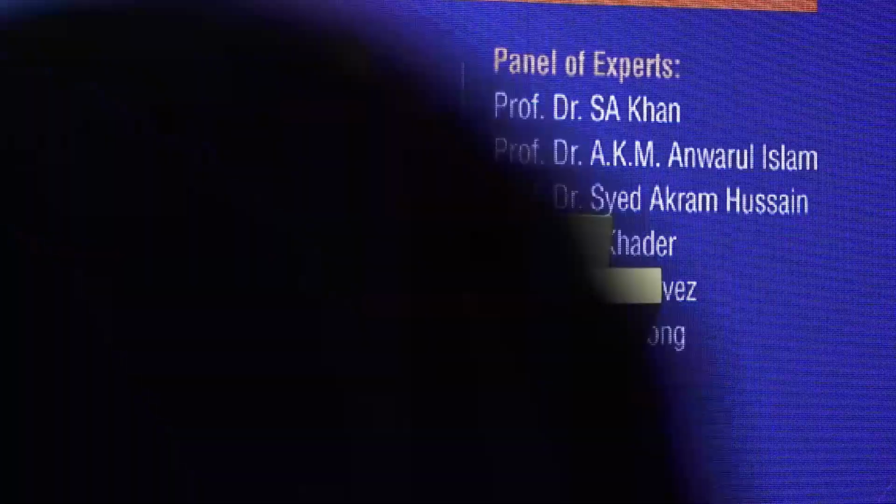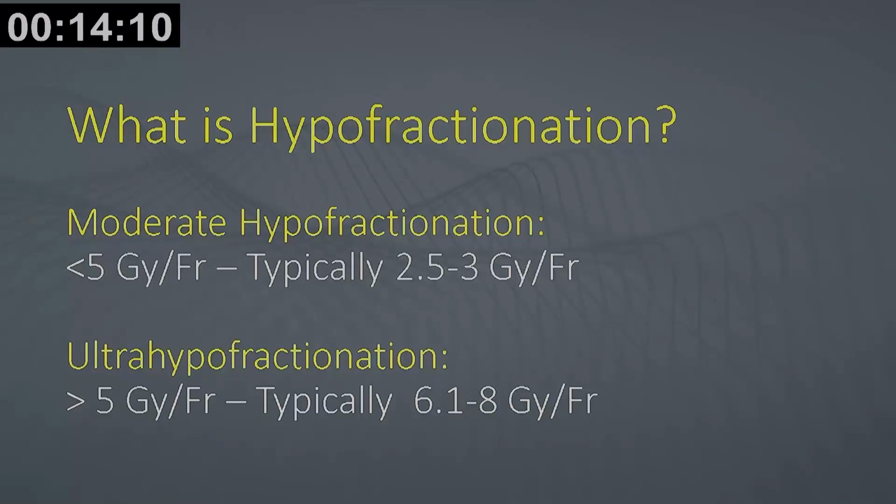Even though the total dose was lower, because it was a larger dose per fraction, it was equivalent in biological effect using the alpha beta ratio. I mentioned moderate hypofractionation, which is anything more than 2 gray, typically 2.5 to 3 gray per fraction, but ultra hypofractionation uses 6 gray or more, usually more than 5 gray, with 6 to 8 gray utilized in prostate cancer.